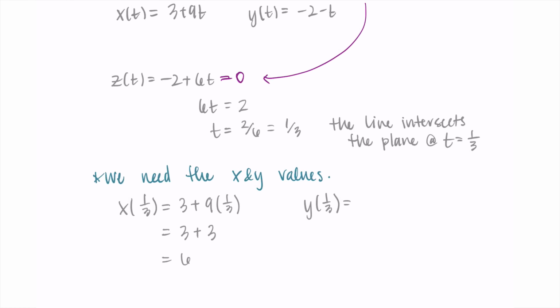Now I do the same for y. Y is -2 minus 1/3. So here I'm going to need some fractions. Let's do 2 is 6/3, so I have -6/3 minus 1/3. That gives me -7/3 as my y value.